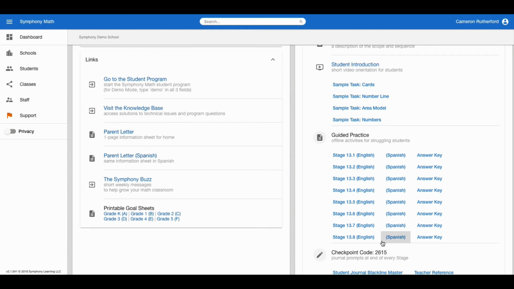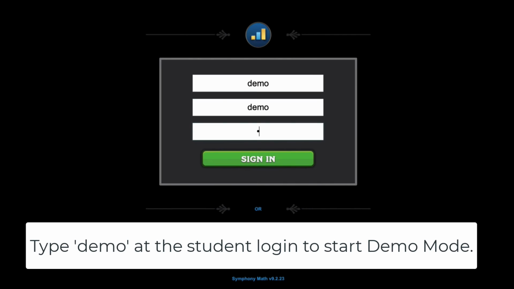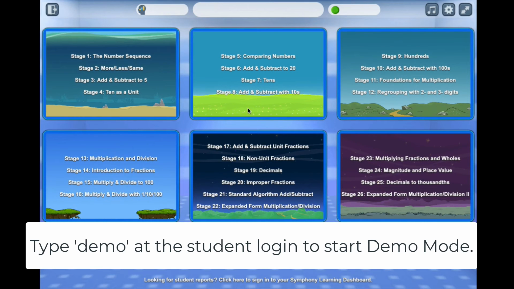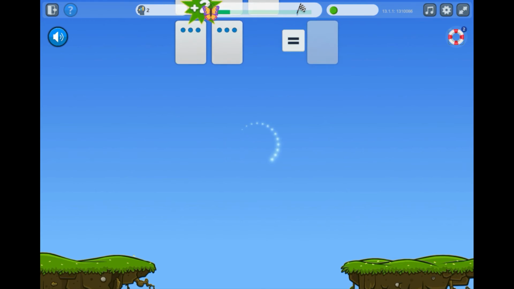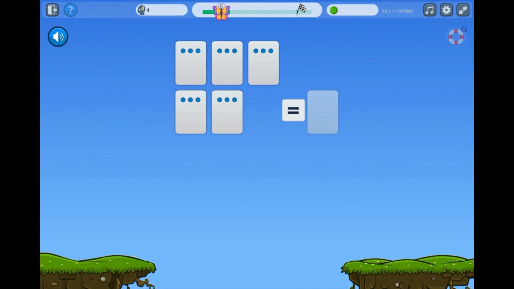And you can also go to the demo in the student page and pull out 13.1 to 13.3, where you will see many different examples of tasks that you can ask your students to work on, and you can project these onto your smartboard. Have the students make models, have them talk, have them share their ideas, and you can listen to what they're saying.